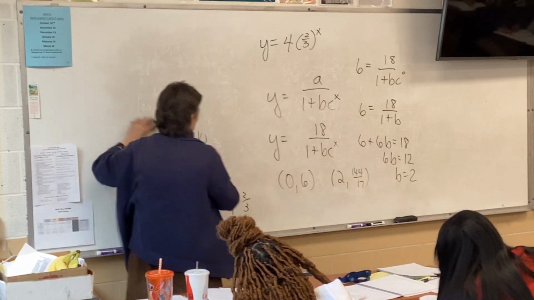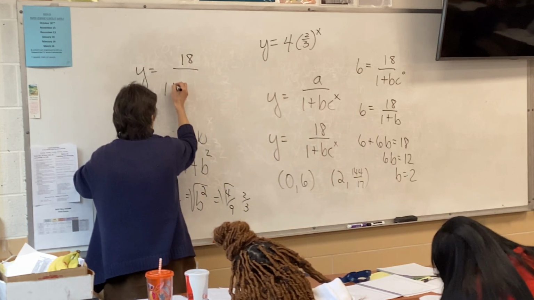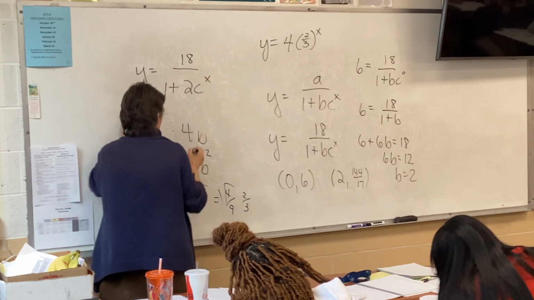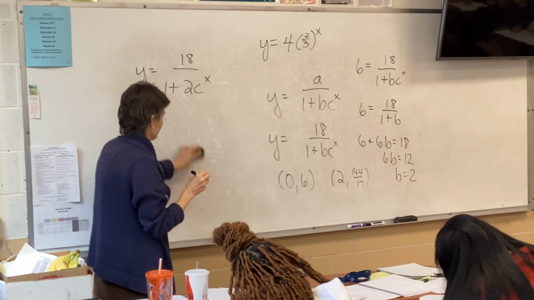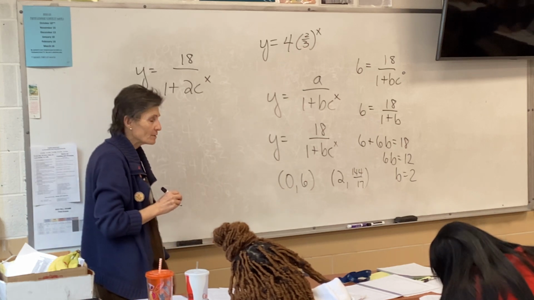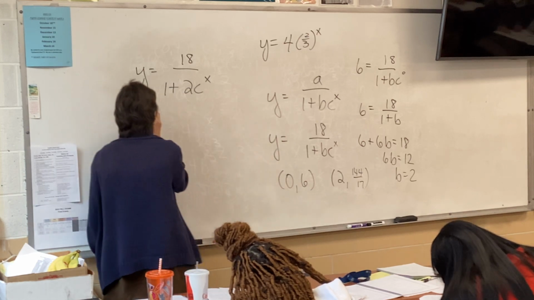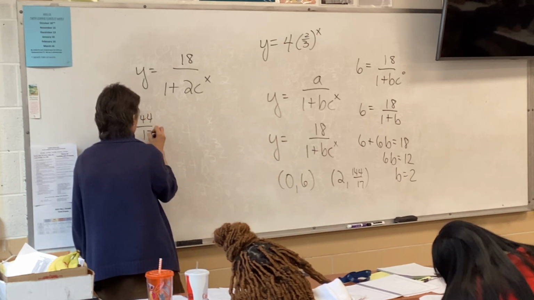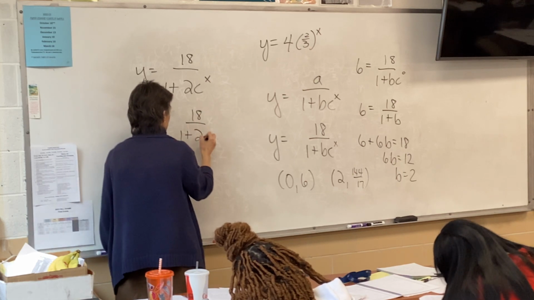So now my equation is y equals 18 over 1 plus 2c to the x. So what do I do now? Plug in that other random point, so 144/17 equals 18 over 1 plus 2c squared.